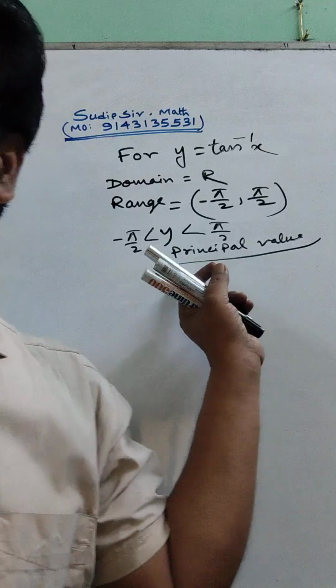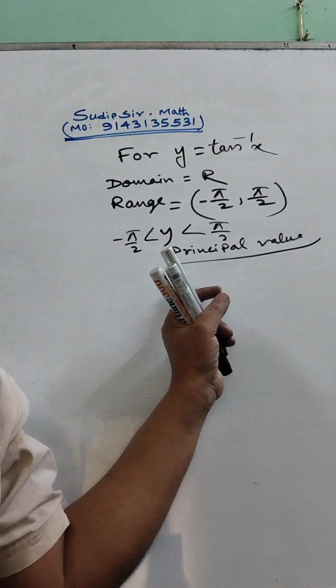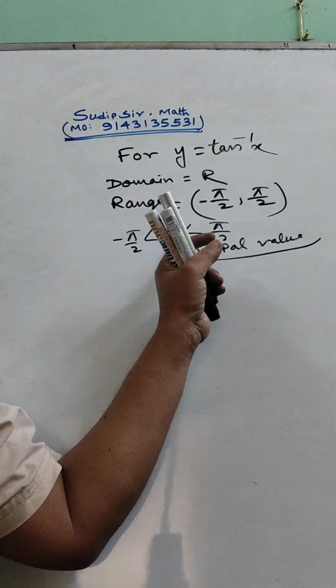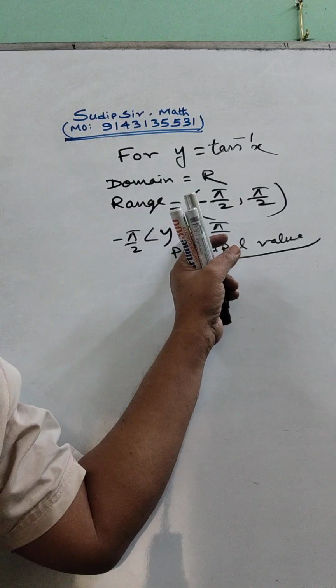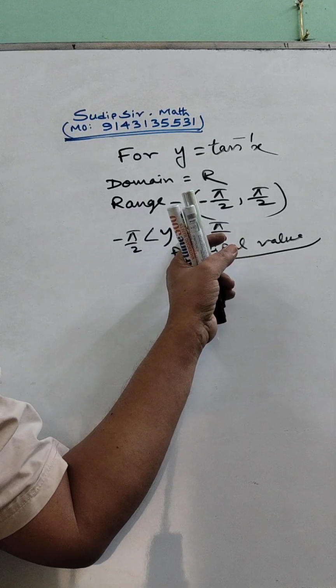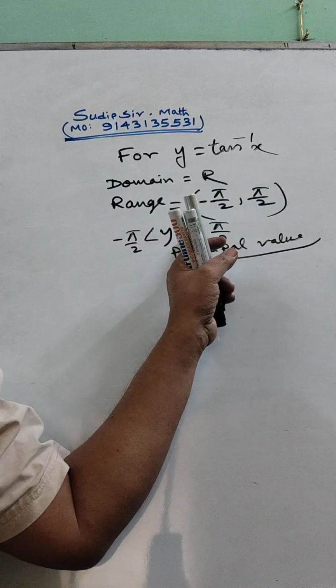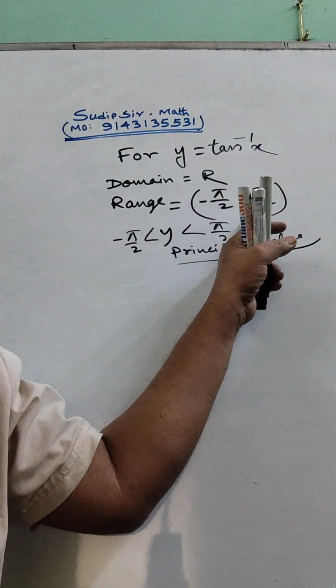For tan inverse x, the principal value we must take between minus pi by 2 and pi by 2, open bracket.